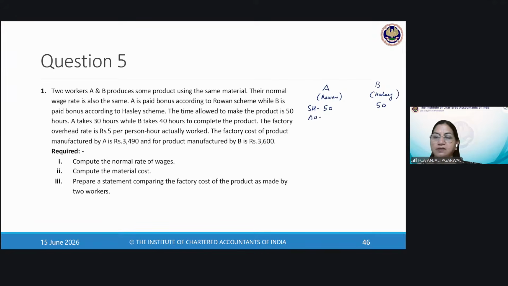A takes 30 hours. B takes 40 hours. Time saved in case of A is 20. In case of B is 10. Factory overhead rate is 5 rupees per hour, on actual hours.